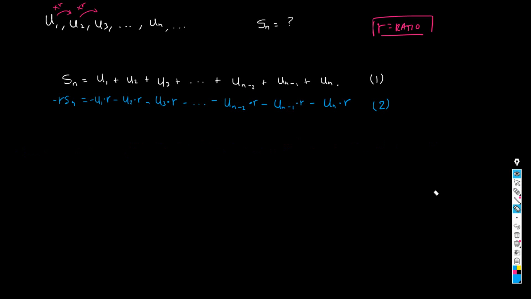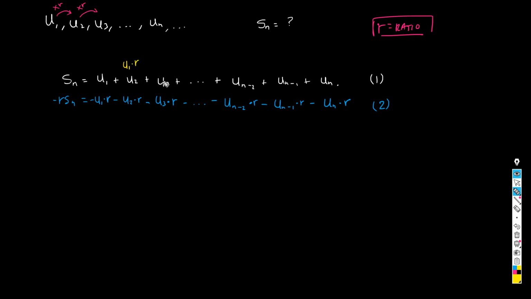And now let's look at this, guys. Look at equation number 1. Look at this term, U2. By definition, you must agree that this is equal to U1 times R. Okay, so this and this are exactly the same.